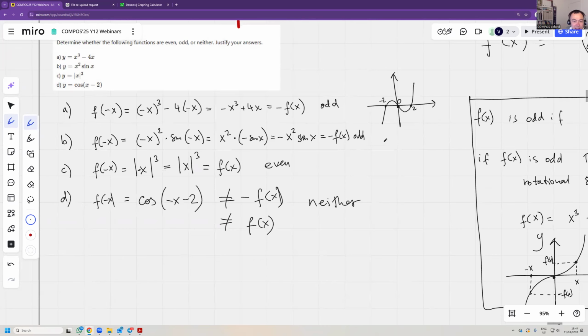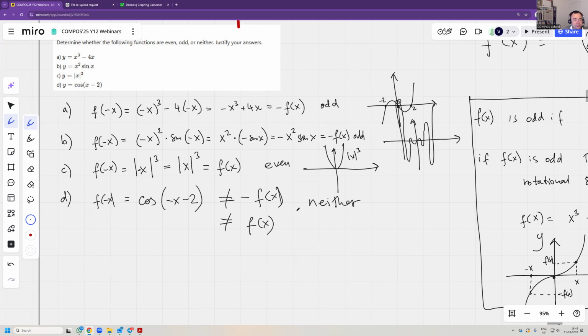The second graph is x squared times sine x. Well, x squared times sine x is like this, something like that. And this graph is modulus x cubed. So that's just that. Modulus x cubed is a graph like this.